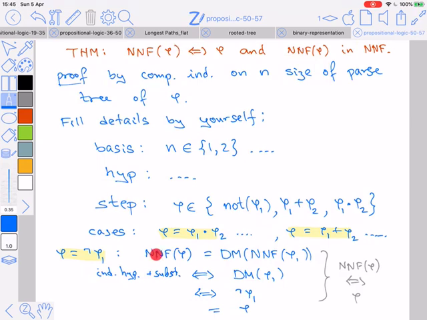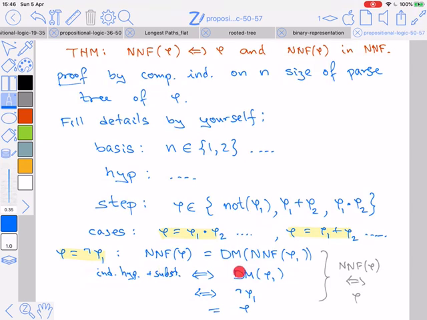So NNF of phi, by definition, equals the De Morgan dual of the NNF of phi 1. Now, the induction hypothesis, when applied to phi 1, says that the NNF of phi 1 is logically equivalent to phi 1. So what we can do is substitute phi 1 for NNF of phi 1. Okay, so this is the induction hypothesis plus substitution.